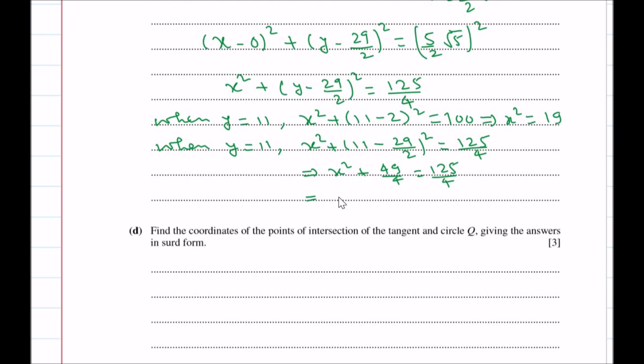So this implies that x square equal to 125 by 4 minus 49 by 4, and if we do that we get 76 by 4, that is 19. So you can see here in both cases we got 19, so verified.